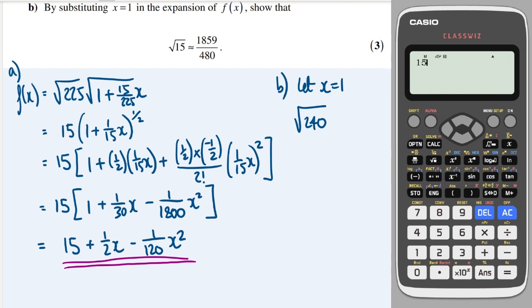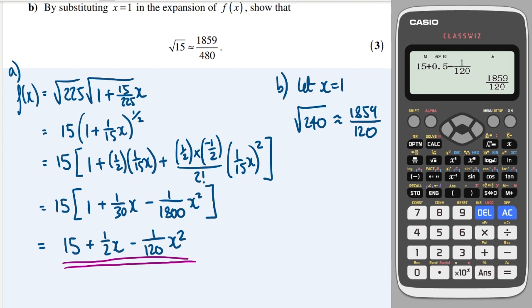So I'm going to get 15 plus a half times 1 is a half, and then minus 1 over 120 times 1 squared is just minus 1 over 120. And I get this. So that is approximately equal to 1859 over 120.